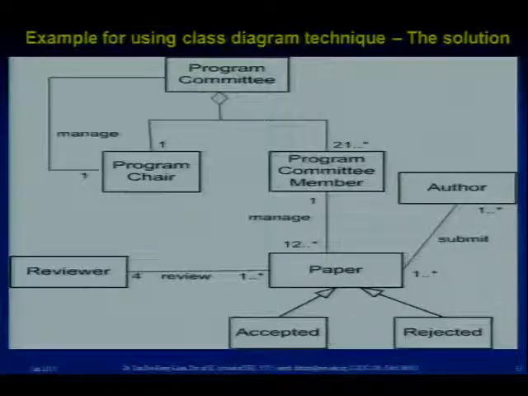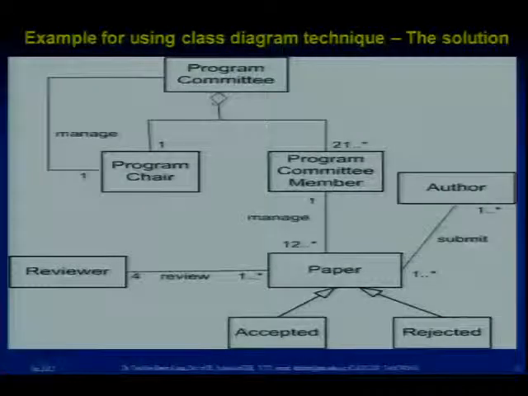So we have two different relationship types between these two classes. The point to highlight to you is that you may have multiple relationship types among two classes or three classes or four classes.